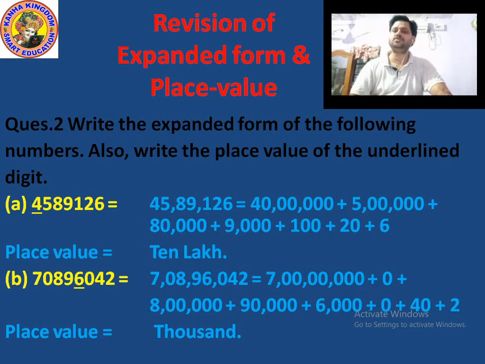Just after the first comma, which period starts? Thousands period starts. And just after the first comma, which place value? In thousands period, thousands place value. So the answer of this one is 6 in thousands place.